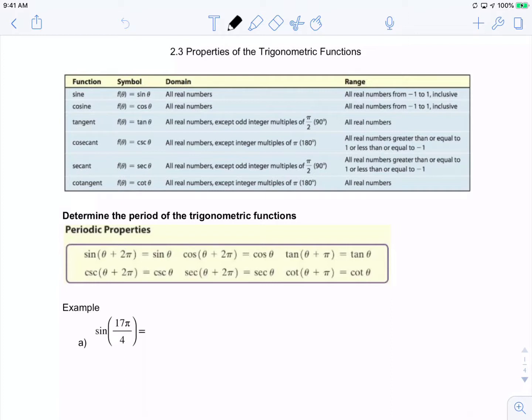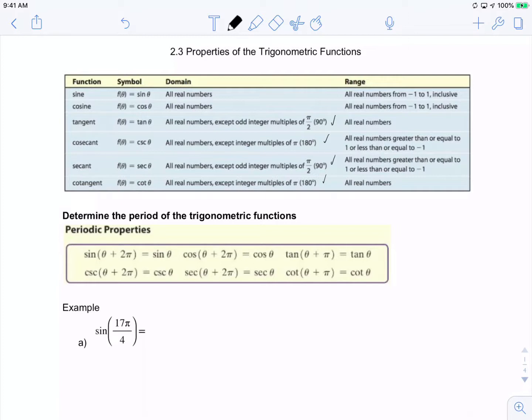We'll go into greater detail on these four when we graph, so you can see there are vertical asymptotes, and so there are points of discontinuity in the domains, and then the ranges. Again, I'll talk about that when we get into really graphing, but this is a chart so that you can peruse it and see if you understand it.